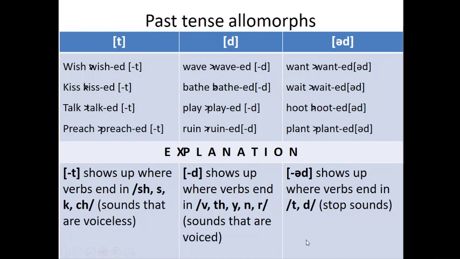So these are allomorphs because there is more than one phonological realization, in other words, more than one pronunciation of the same morpheme, be it plural, possessive, or past tense morpheme. When it is pronounced in different words, it varies depending on the consonant sound that the word ends in.